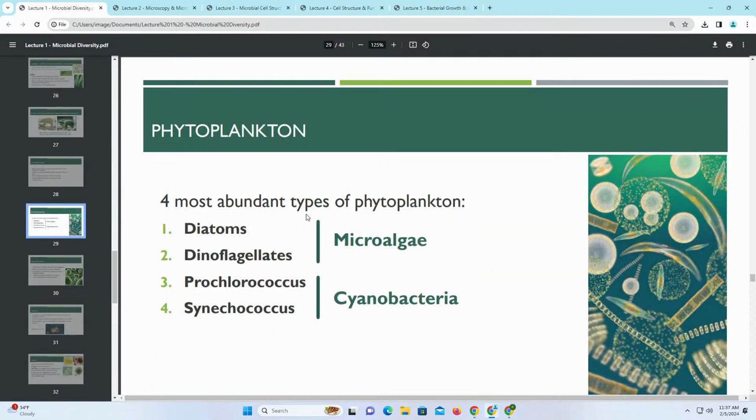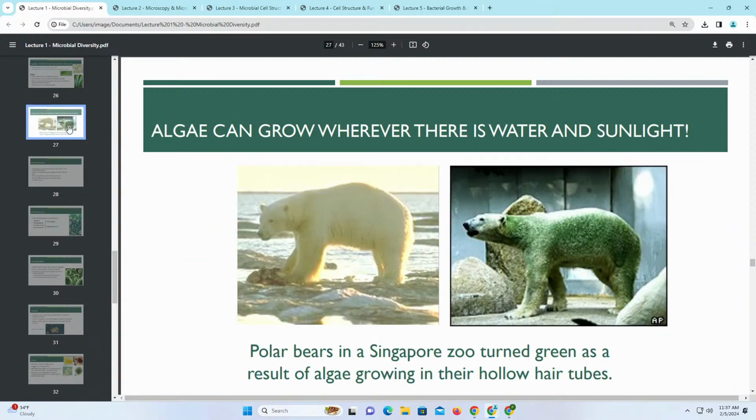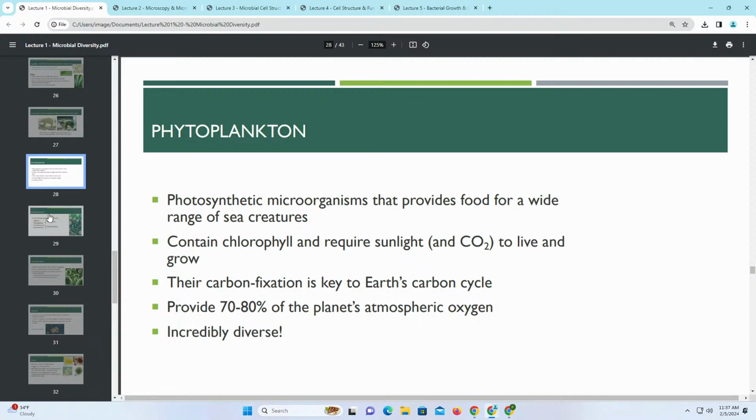The cyanobacteria are prokaryotes. Algae, I think, can be either, but I would lean towards saying they could be both, and I'll double check on that. But I don't have it in here because they can get confusing. There are different types of phytoplankton. So I wouldn't worry about that. Probably mostly prokaryotes, though.